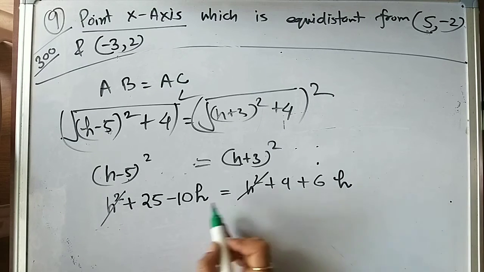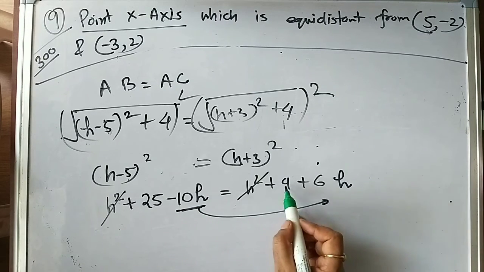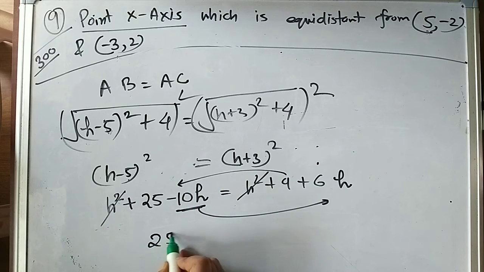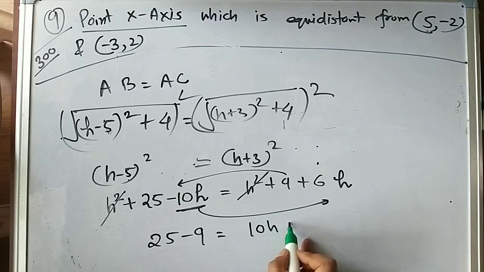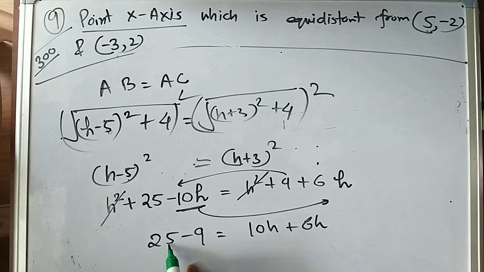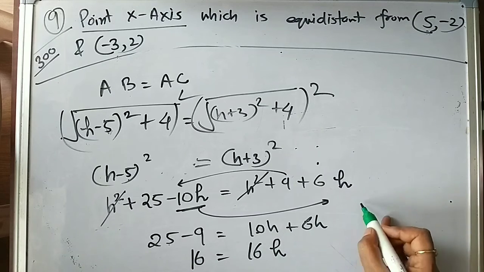Now let's collect the h terms on one side and bring 9 here. So it is 25 minus 9 is 10h plus 6h. This is 16 is equal to 16h. So what will be h?